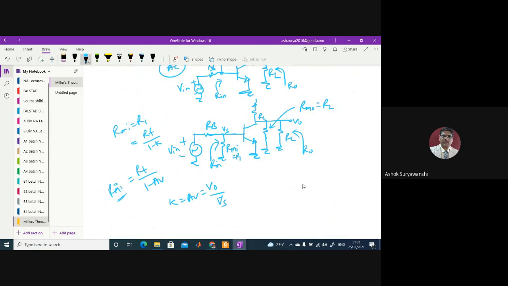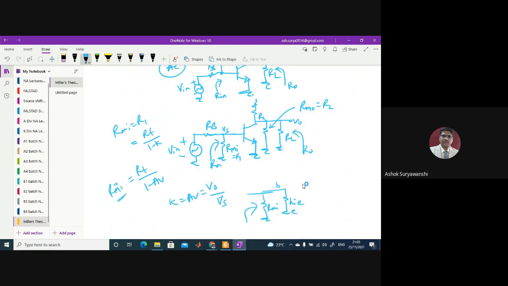Suppose you replace this transistor by its model, the hybrid model. There are two models of the transistor: one is the hybrid model, the other is the re model. If you replace it by the hybrid model, then on this side you get the hie, between base and emitter, and this RMI comes in parallel with it.